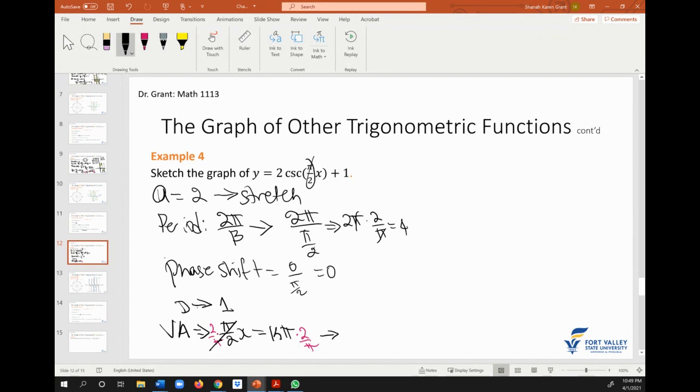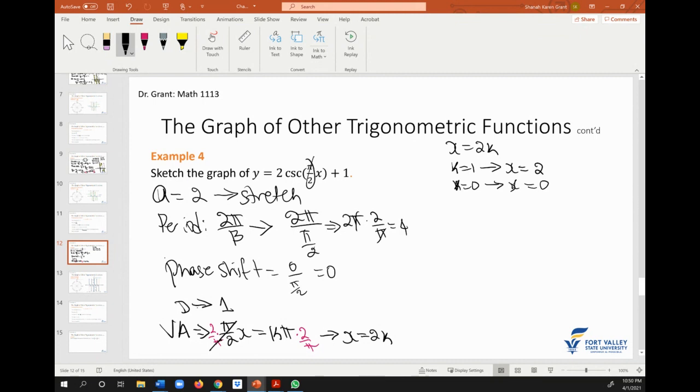So you'll have that x equals 2k. Again, k is your odd number. So if x equals 2k, well, I can plug in 1 for k. That means x equals 2. I can plug in 0. That means x equals 0 is also an asymptote.